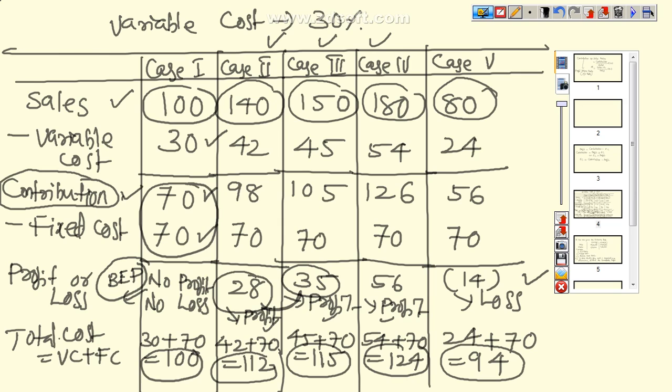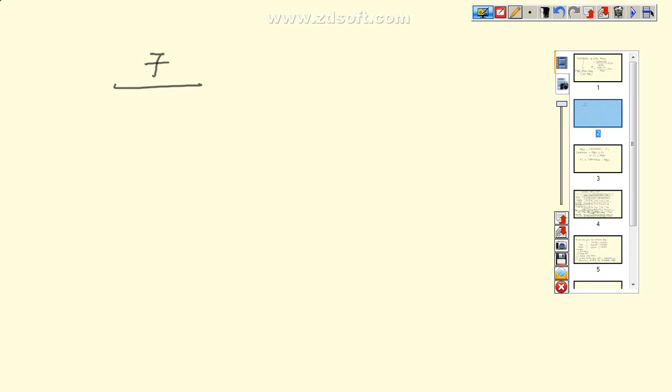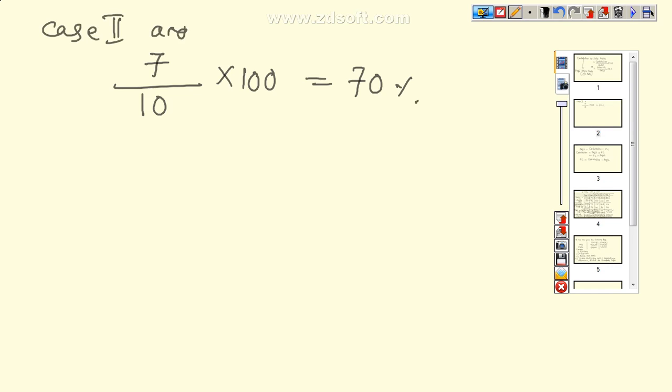So 7 is the difference of profit, upon the difference of sale in case 2 and case 3, which is 140 and 150. So we can write it here 10. So 7 upon 10 into 100 is equal to 70%.